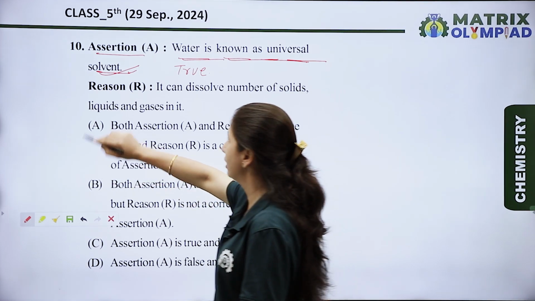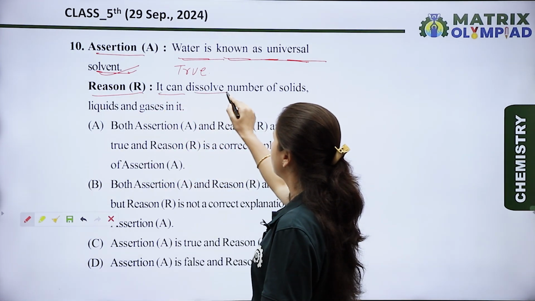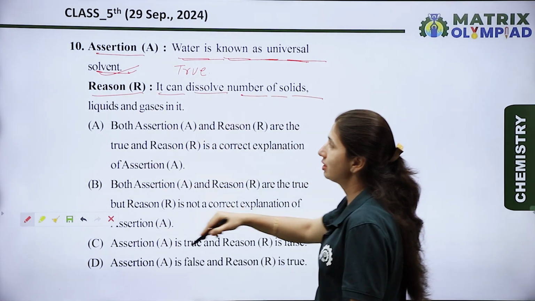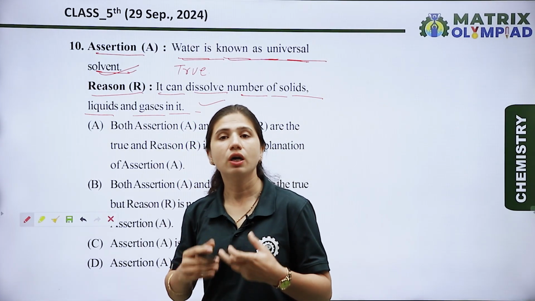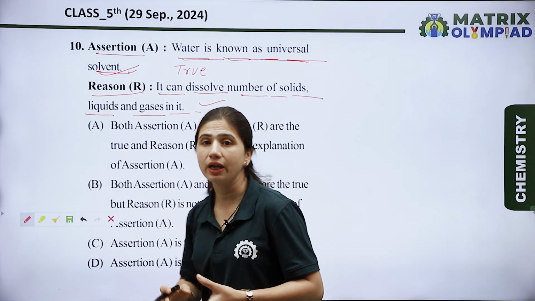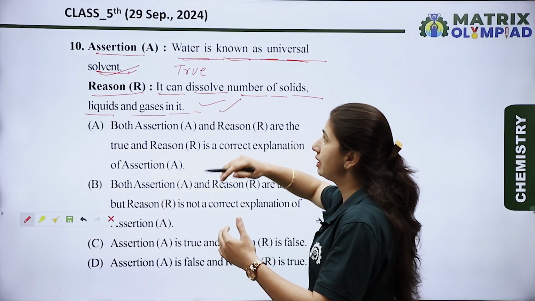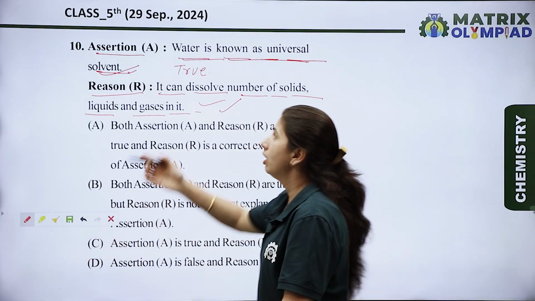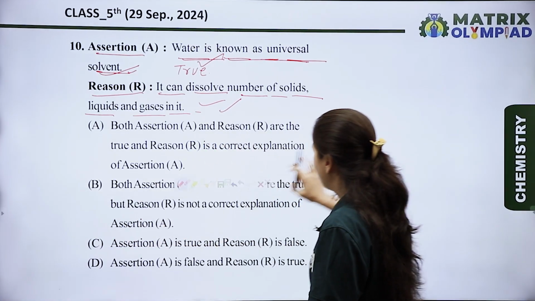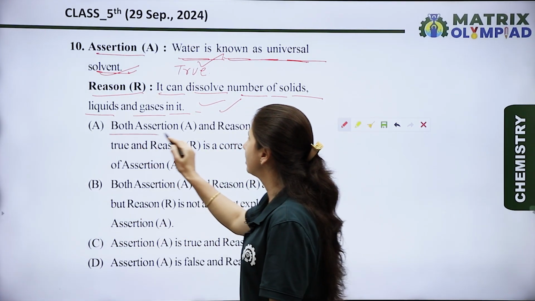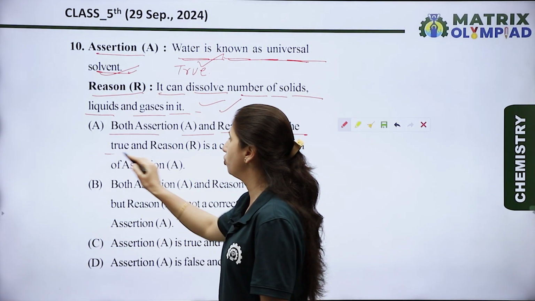Now let's see the reason. The reason is, it can dissolve a number of solids, liquids and gases in it. Yes, this is also a true statement, and it can easily explain the assertion statement. Now let's see the options.